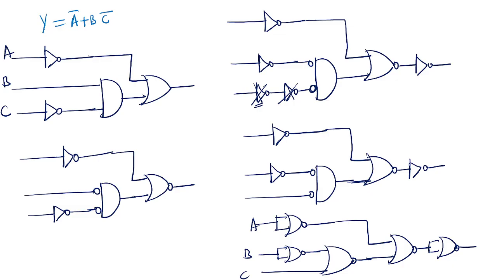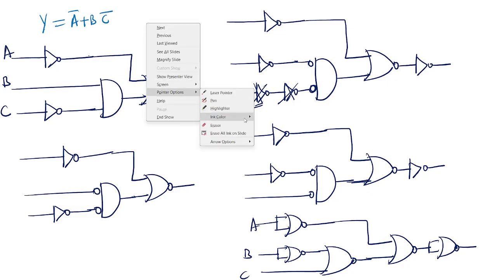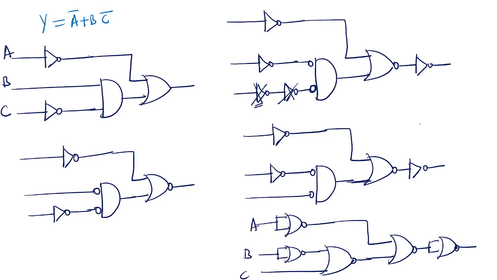Suppose if you want to check whether my expression is correct or not, here this is A bar and this is B bar, C. This you can write as B bar plus C, and here A bar plus B bar C whole bar, no, B bar C whole bar.